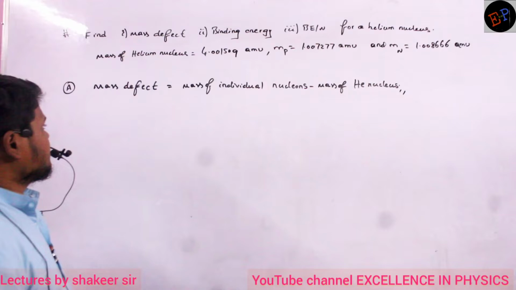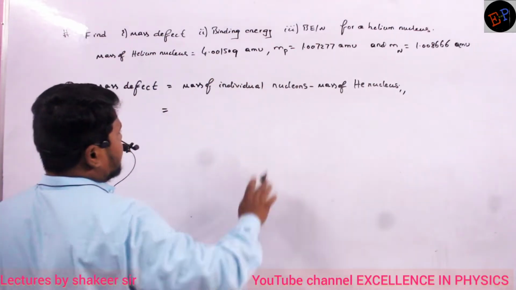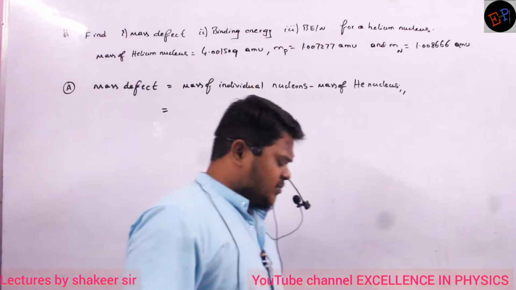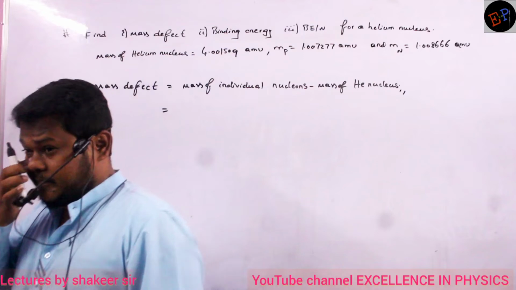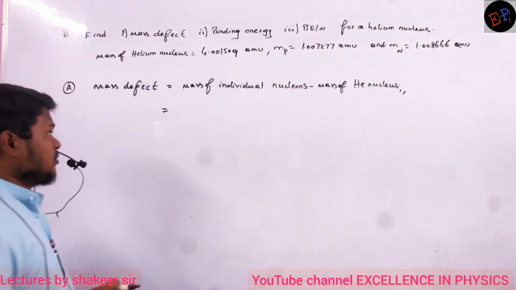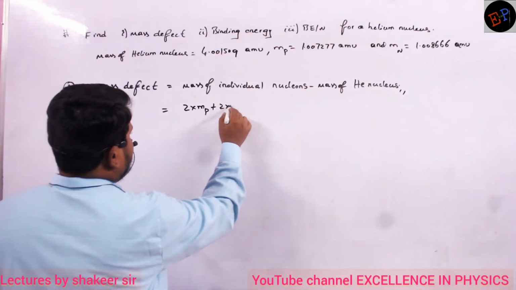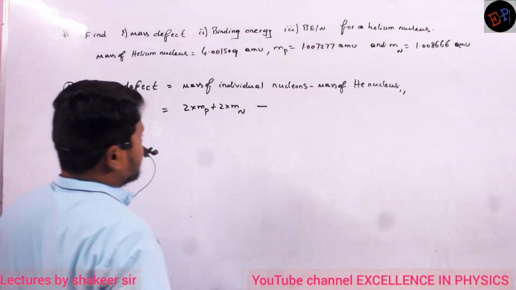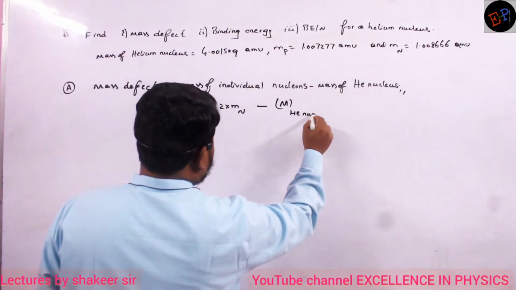So what is the mass of the individual nucleons? In a helium nucleus, there are 2 protons and 2 neutrons. So it is 2 times the mass of proton plus 2 times the mass of neutron minus the mass of the helium nucleus.